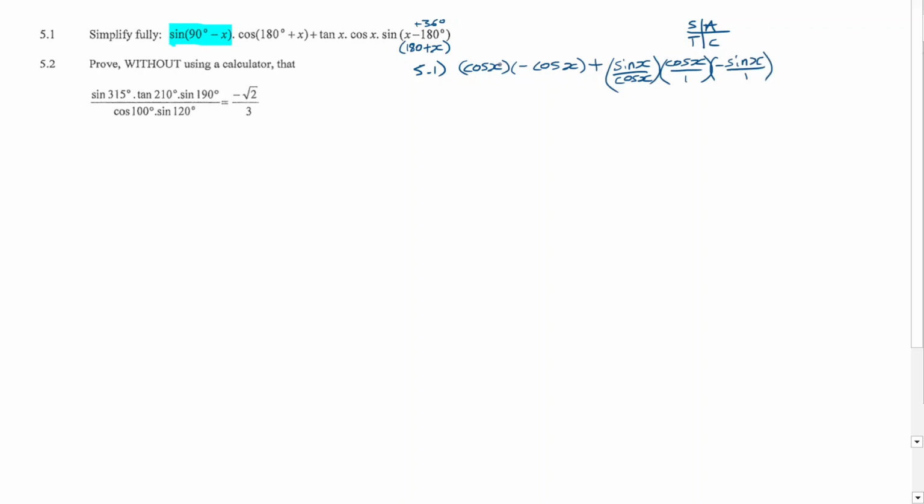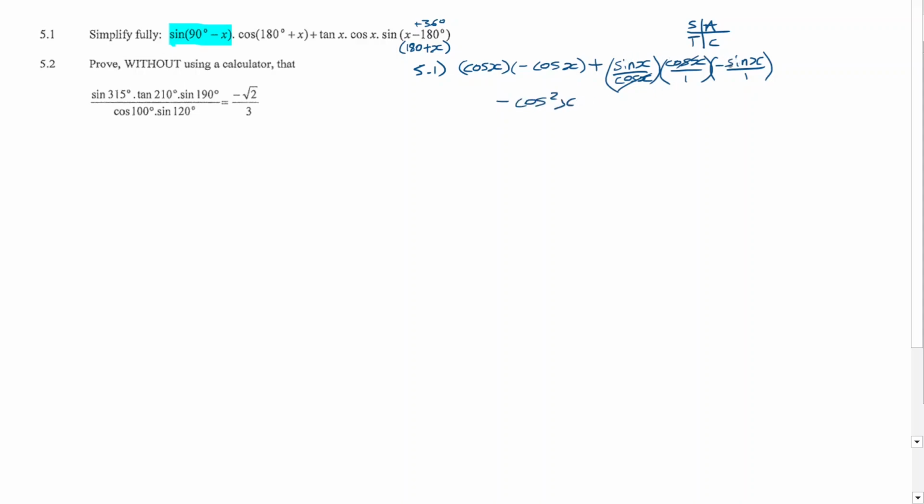All these subtle things of keeping brackets, doing each reduction one at a time, changing tan to sine over cos, and when something becomes a fraction, letting the other things become fractions, just make it that much easier in the middle of my exam to see what can cancel. Careful, this isn't sine minus sine is nothing or 1. It's cos times a negative cos, which is just negative cos squared.